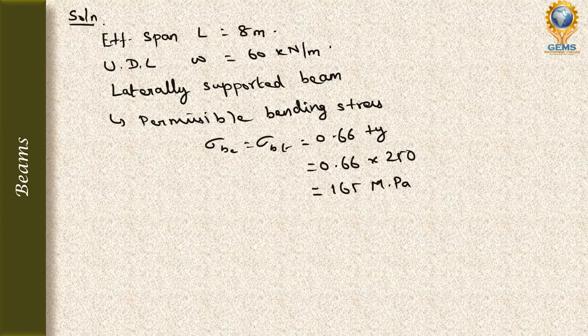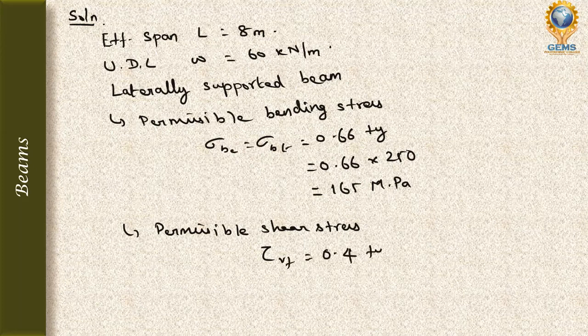And permissible shear stress, that is tau VF is equal to 0.4 Fy, that is 0.4 into 250 is equal to 100 megapascal. So we know sigma BC and tau VF.